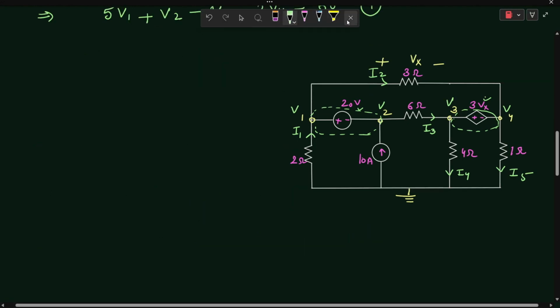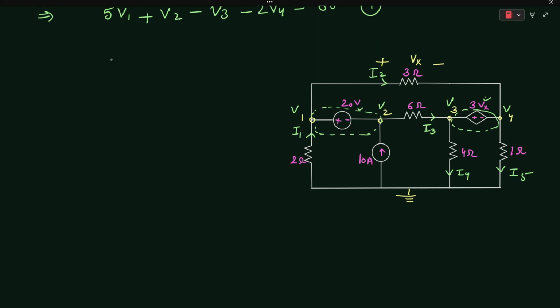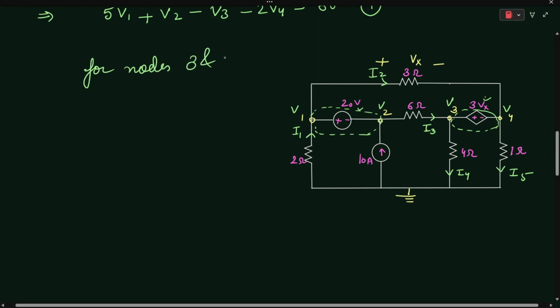Similarly, on applying the concept of supernode for nodes 3 and 4, on applying KCL, I3 is equal to I2 plus I4 plus I5.